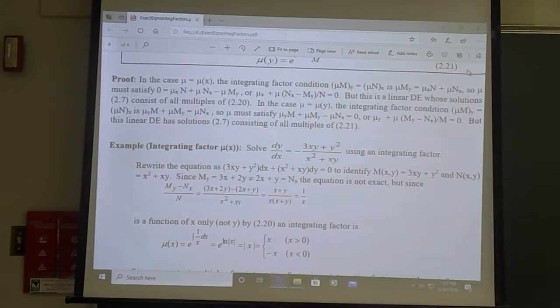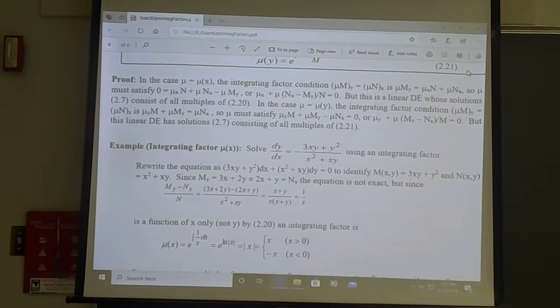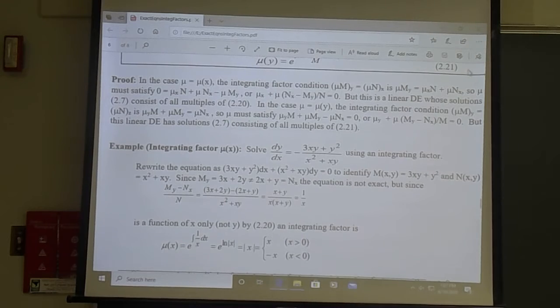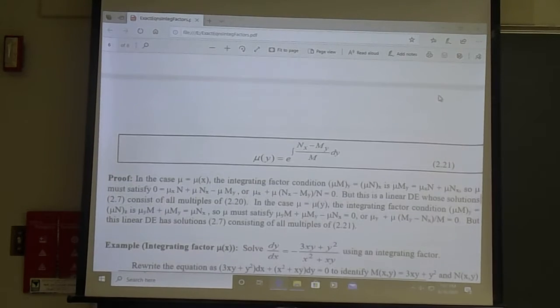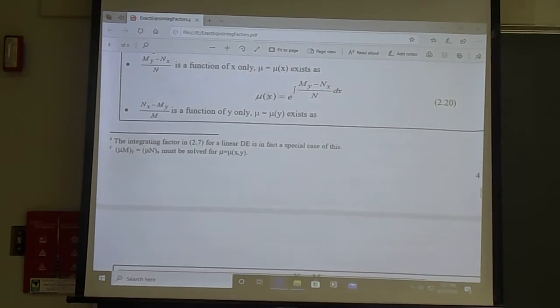In other words, you don't have to memorize the proof here, but when you use the method for linear equations, you get that the solution for μ is that μ equals e to the integral of (M_y minus N_x) over N.